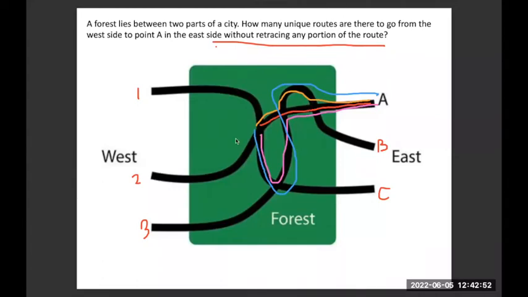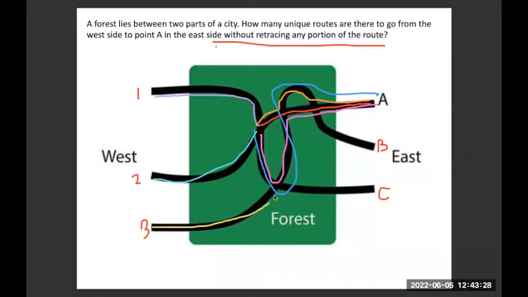So all you need to do is then connect the lines. From point one, you just need to connect all these lines, and from one, you can get 4 different paths. From point two, you again just have to connect these lines, and you'll get 4 different paths. And from point 3, same thing.